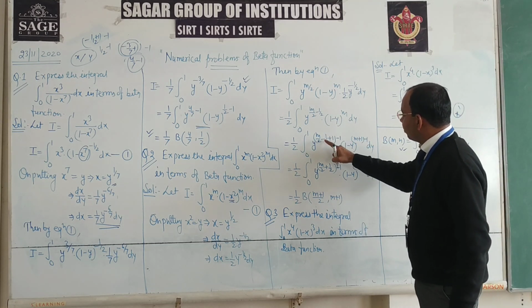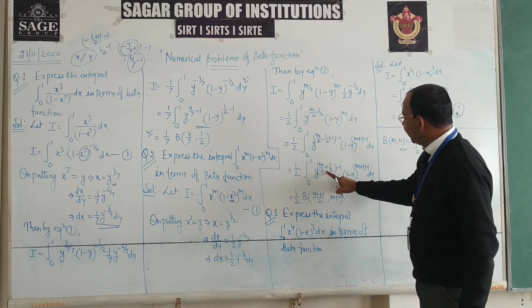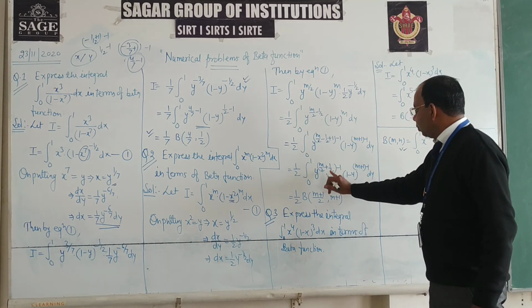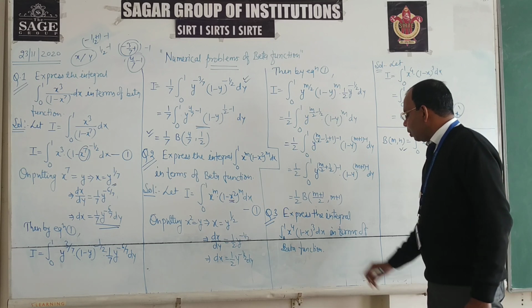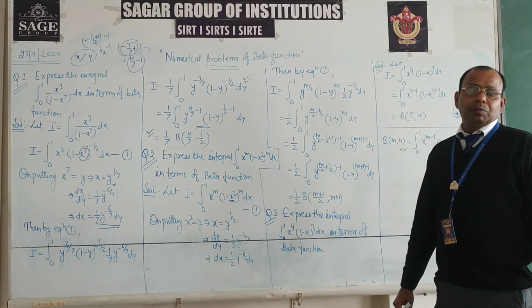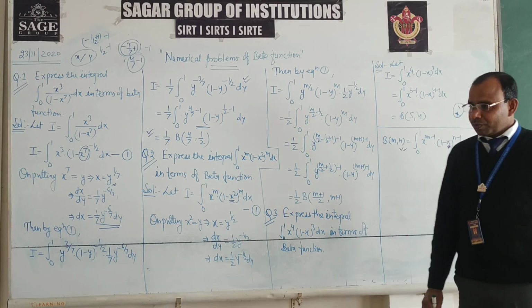We solve: minus 1 by 2 plus 1 is plus 1 by 2, and minus 1 minus 1. Then m by 2 plus 1 by 2 is m plus 1 upon 2, and n plus 1. This is the total expression in the beta function.